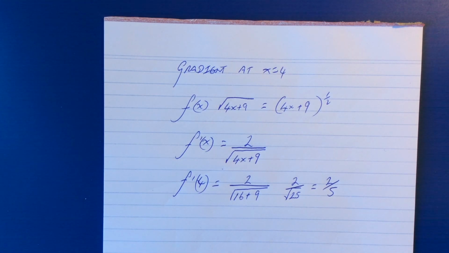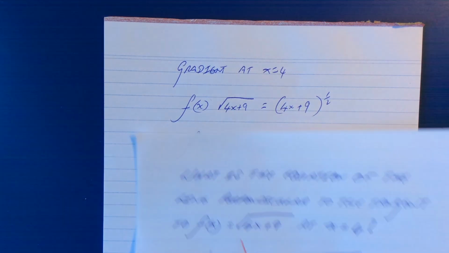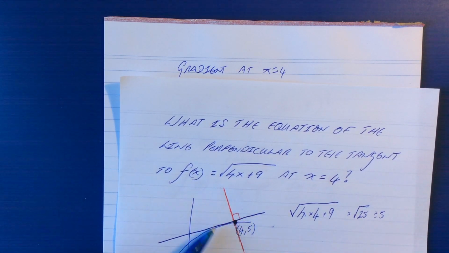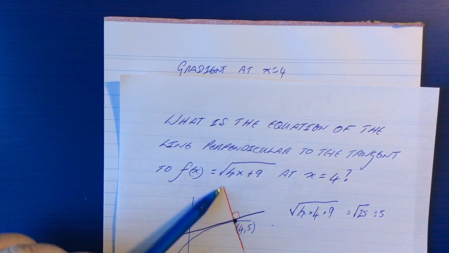Okay, now that is the gradient of the perpendicular line. Sorry, no, that is the gradient of the tangent. Get it right. That is the gradient of the tangent. So what we have is the gradient of this line here. Now we're going after the gradient of this line.